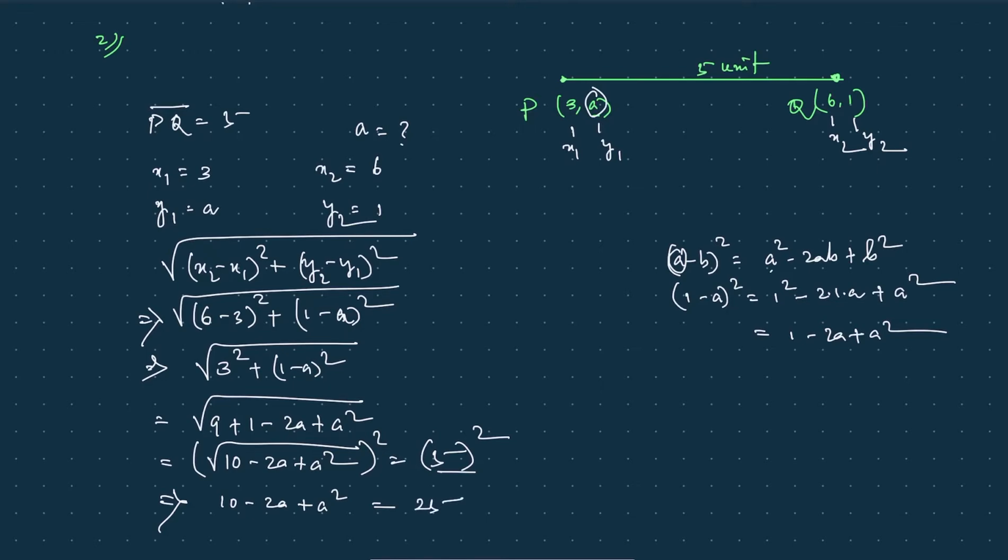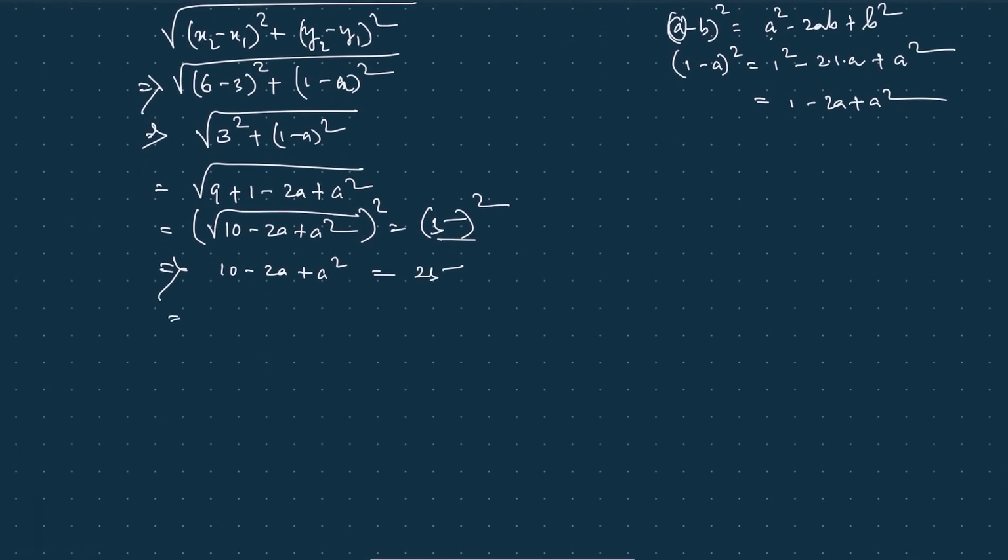Okay. Now you can see here a square minus 2a plus 10, and this 25. If I bring it to the left hand side, it is going to be minus 25, equal to 0. So now a square minus 2a minus 15 equal to 0.